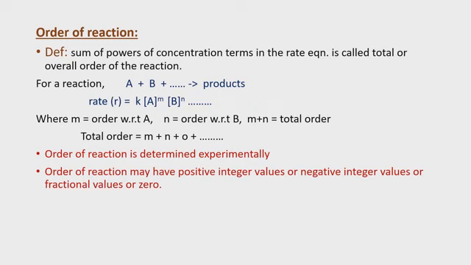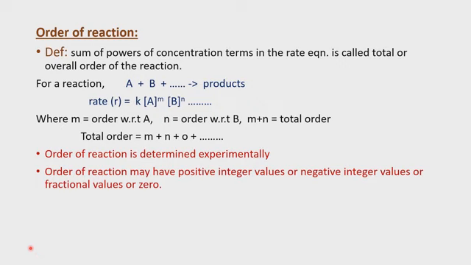Order of a reaction may have positive integer values or negative integer values or fractional values or 0. So order may be plus 1, plus 2, plus 3, or negative, minus 1, minus 2, or fractional, 1 by 2, 1 by 3, or 0.